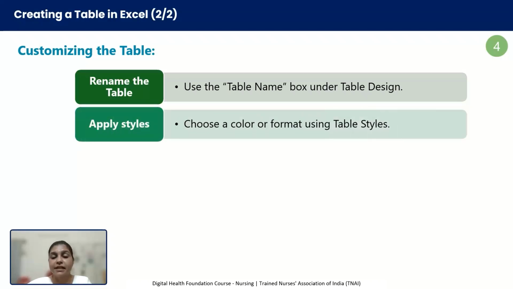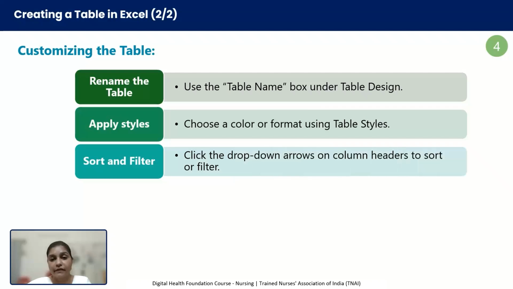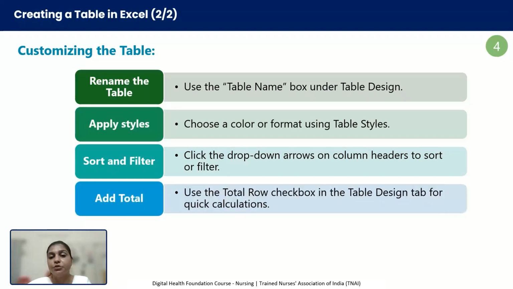Apply different styles to give it a clean, professional look. Use sort and filter dropdowns in the header to quickly organize or search your data. Finally, enable the total row to perform instant calculations like sum or average. These tools help make your tables more functional and visually appealing.